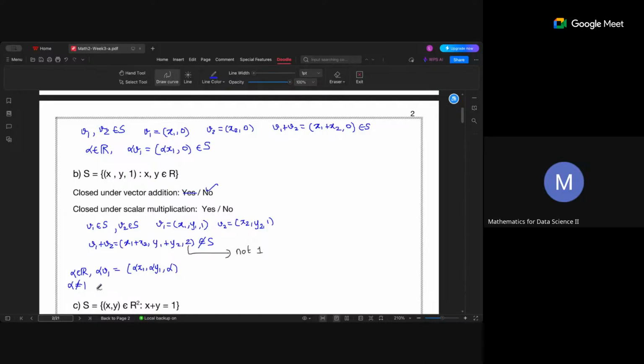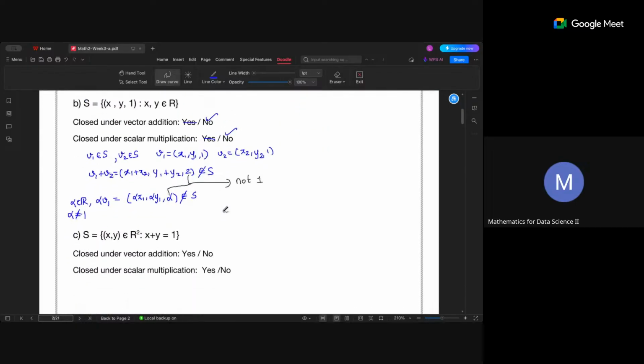So suppose your alpha is not 1, then again the same problem will happen. It does not belong to S, right? So this is not 1. Okay. So because of the same reason, the vector is not in S. So again, this is not closed under scalar multiplication.